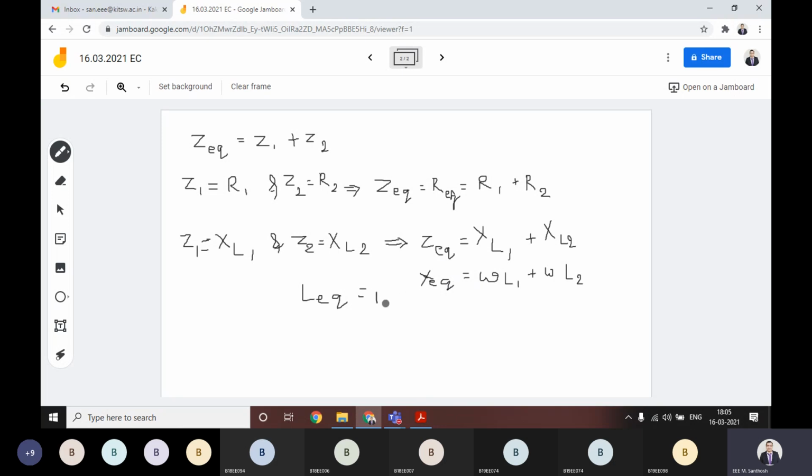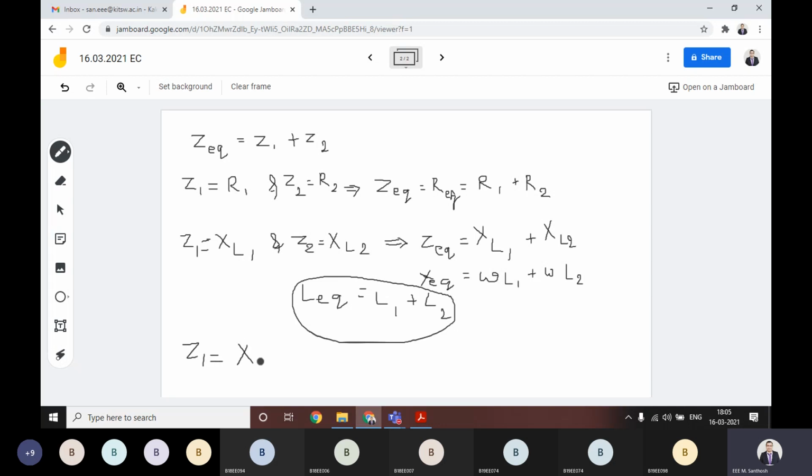That L equivalent is this one. Then for that reason, L1 plus L2 is equal to the L equivalent value. If both the inductors are connected in series, then you can calculate simply L1 plus L2 as the equivalent of that series connection circuit. Then what is the case with the capacitors?